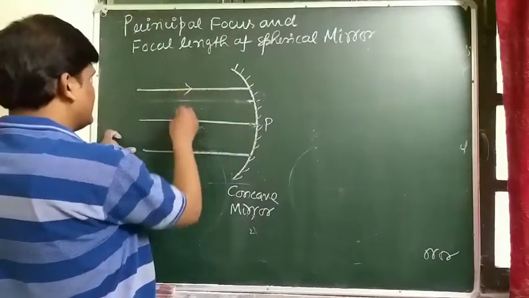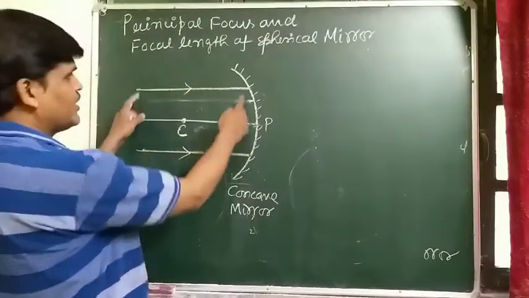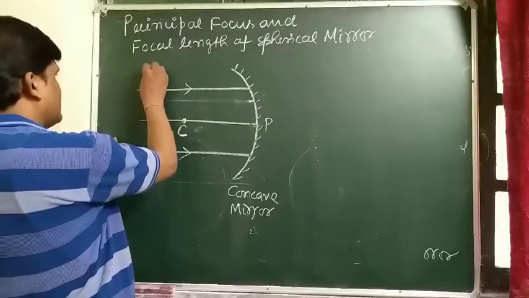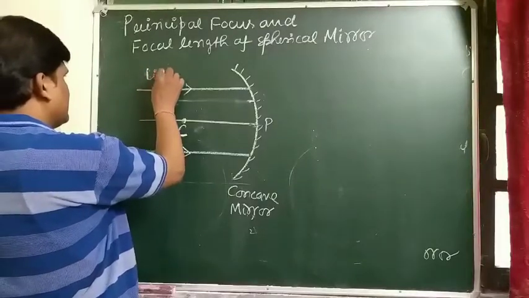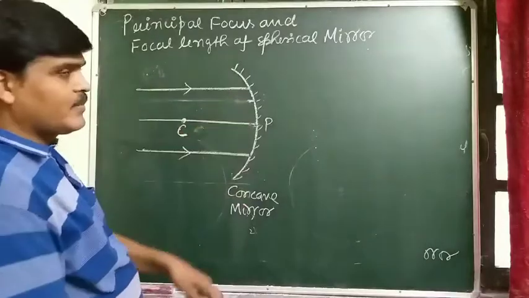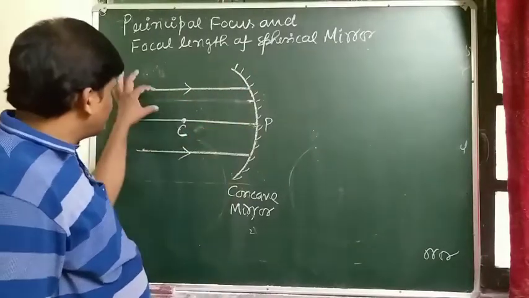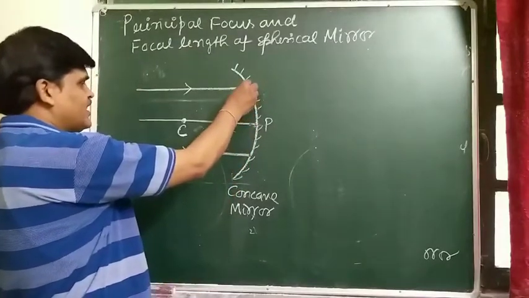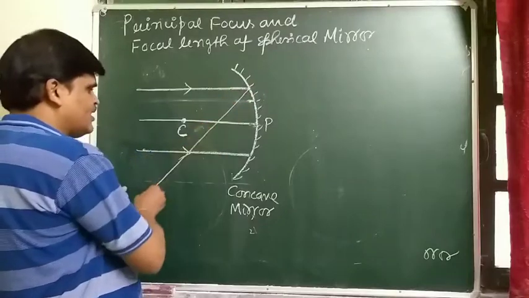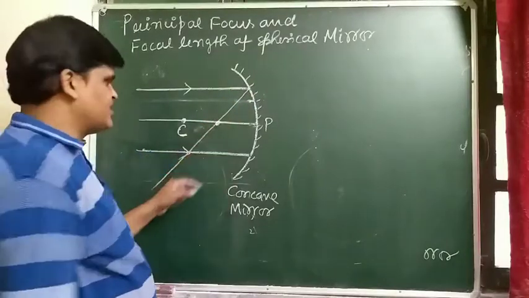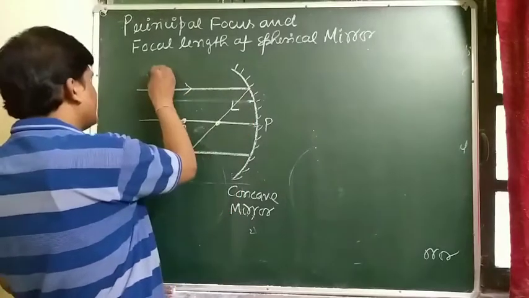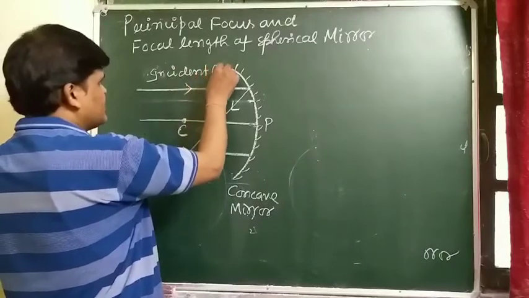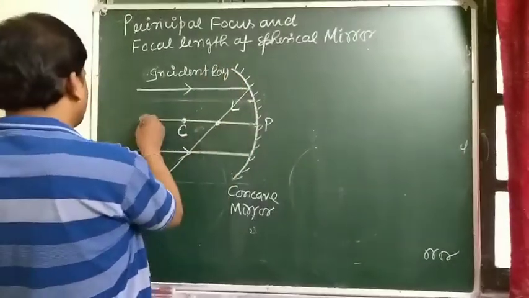If a ray of light parallel to the principal axis is incident, after reflection it passes through a certain point on the principal axis. So this is the incident ray, and this incident ray is parallel to the principal axis.